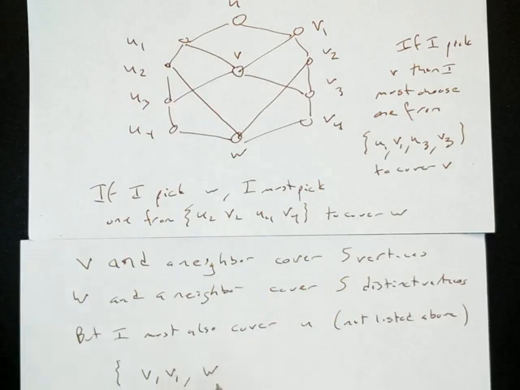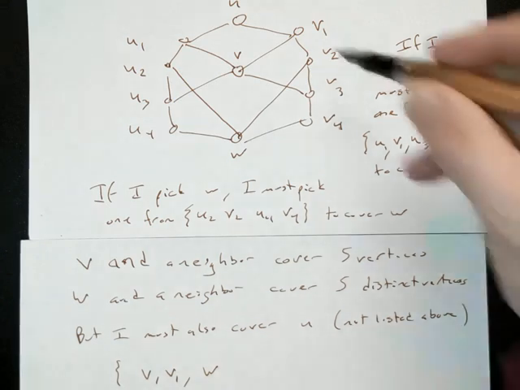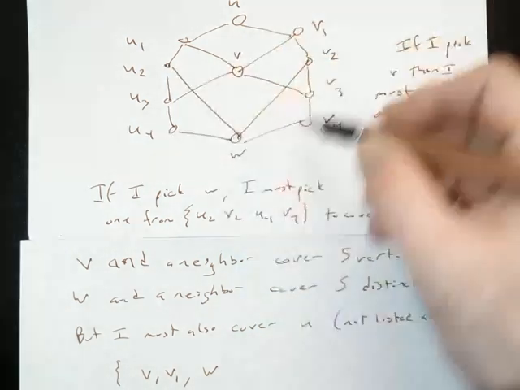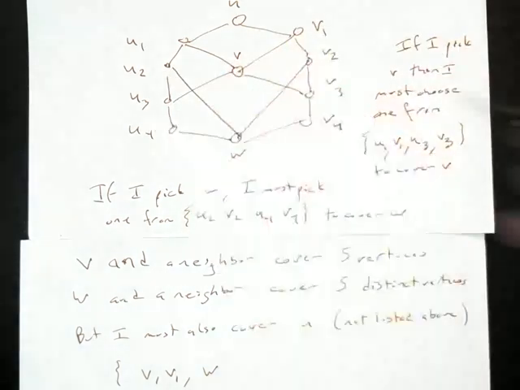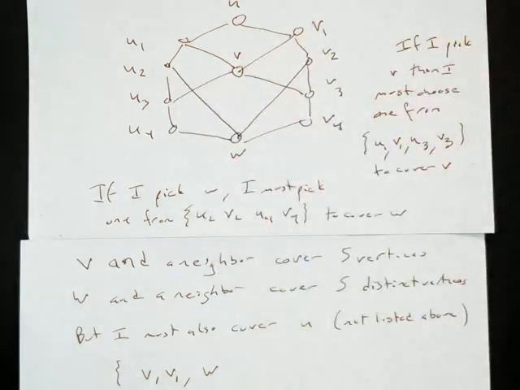Then W covers all 4 of these, and I can pick any of those neighbors to cover W. I think in my notes, I wrote down V2.